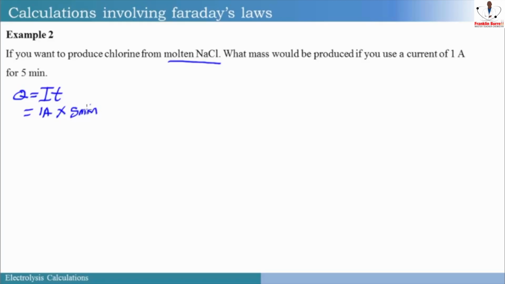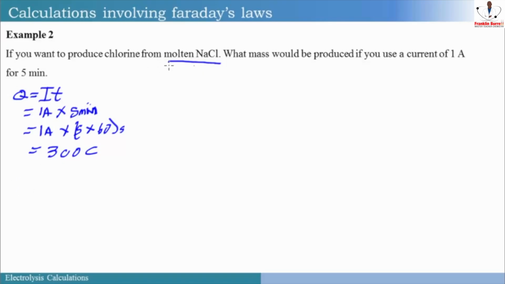But remember that we must convert minutes to seconds. So it is 1 ampere times 5 times 60. And this here would now be in seconds. So 5 times 60 is 300 times 1, which is 300. So 300 coulombs is our quantity of electricity.